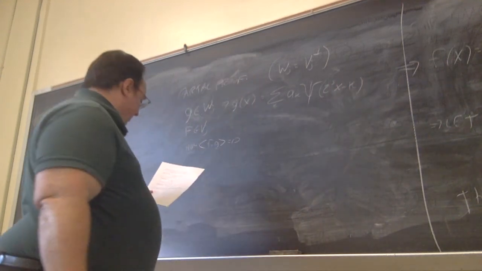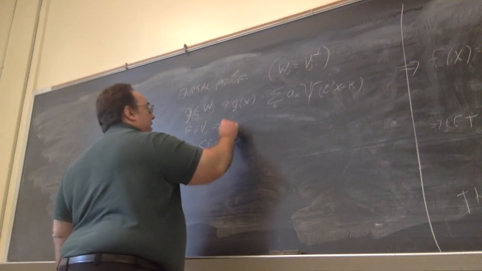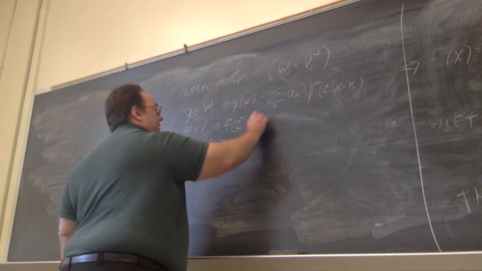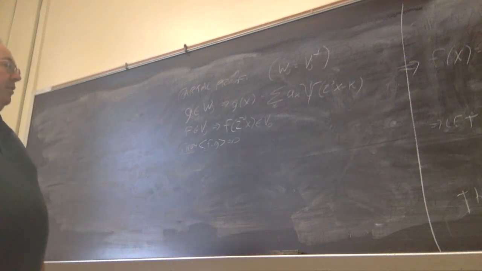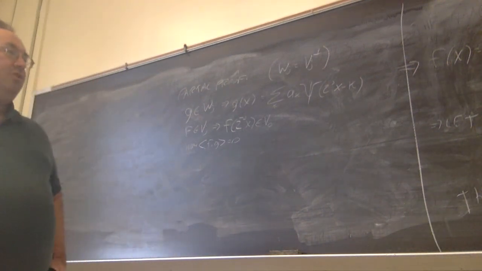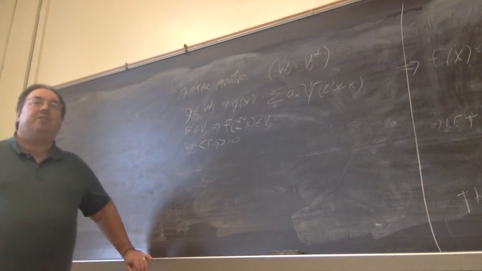And then f, because it's in Vj, that means that f of 2 to the minus j x belongs to V naught. Now, I already showed earlier that functions in V naught are orthogonal to functions in W naught.